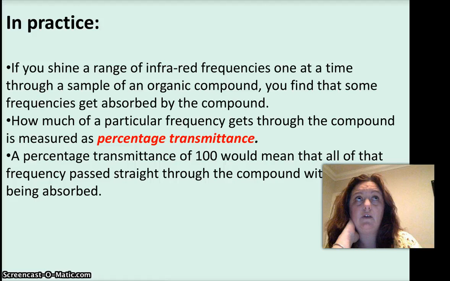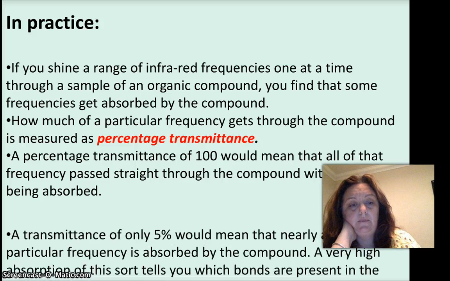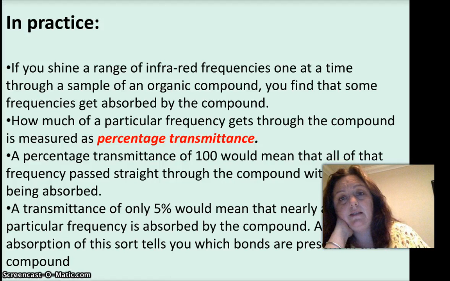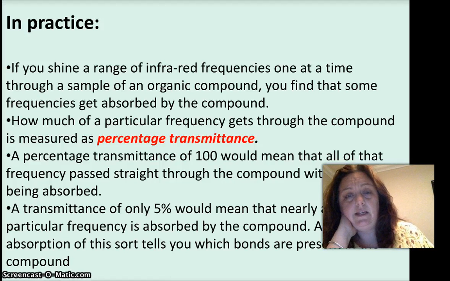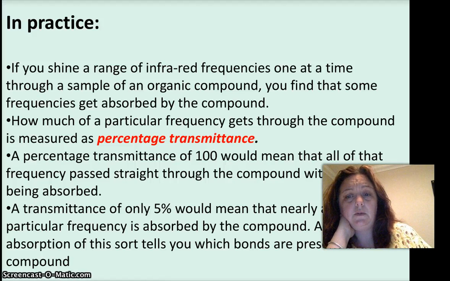For example, if 100% of the infrared radiation was transmitted, i.e. none of it had been absorbed by the compound, you would see that on the plot as 100%. Obviously, if you only had a 5% transmittance, then nearly all of the infrared radiation at that particular frequency would be absorbed by the compound.